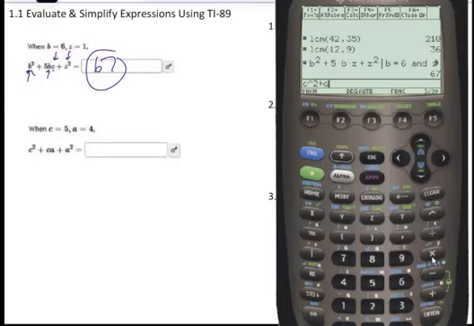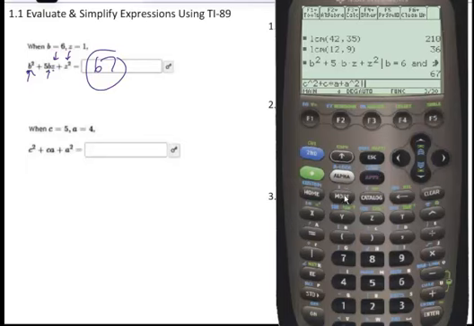As always, you could change the C to an X and the A to a Y to make it easier to plug in variables. However, I'm just showing you how to do this so that you can do it exactly as it appears. Okay. So here we have C squared plus CA plus A squared. Again, notice I explicitly multiplied C and A, otherwise it won't know that you have two variables.